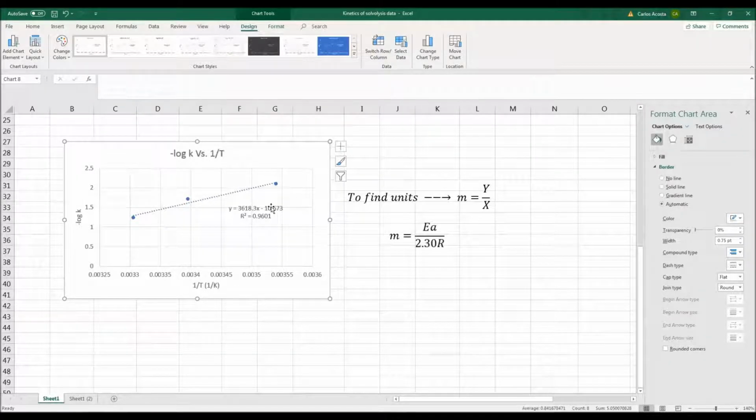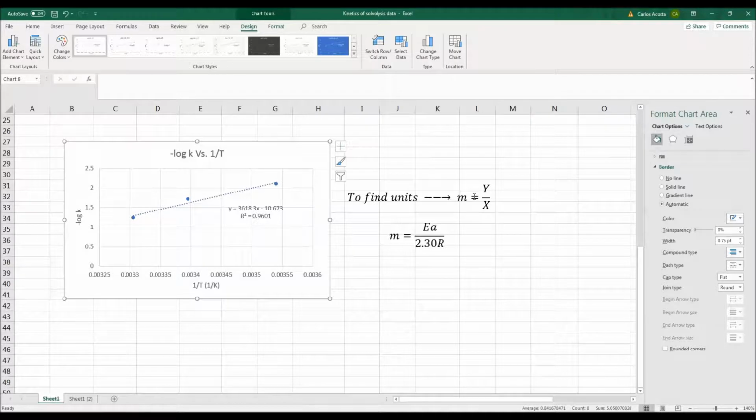So now that we have found the slope, we need to determine the units of the slope. One thing I need to point out before we do that is that the y-axis, the negative log of k, is unitless, right? And the units for the x-axis are 1 over Kelvin. To find the units, remember that the slope is rise over run.